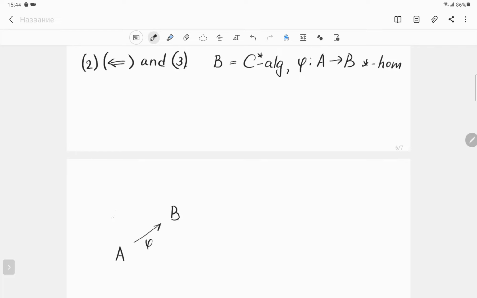So let me put A_P0 here. So we have a quotient map here. And A_P0 is the dense subalgebra of A_P. And the composition of these two arrows is pi_P.